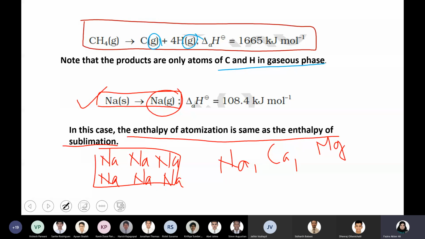But for these metals, they already exist in atomic form; the only thing is that these atoms are arranged in a lattice with a strong force of attraction. So these atoms need to be converted to the gaseous state, and then only it is known as atomization. The only change happening is the conversion from solid state to gaseous state, that means sublimation.